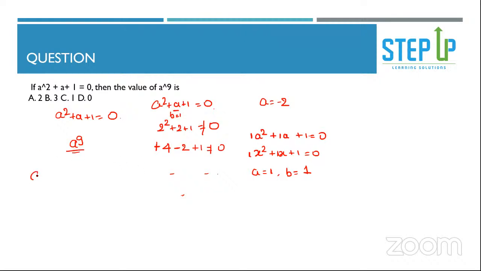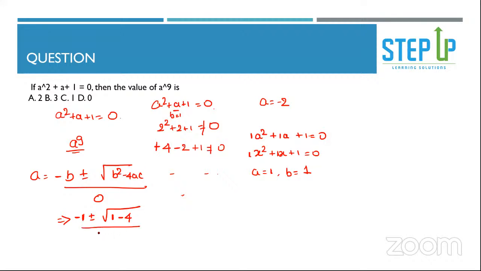Let's calculate A. Minus B plus minus under root B square minus 4AC upon 2A.